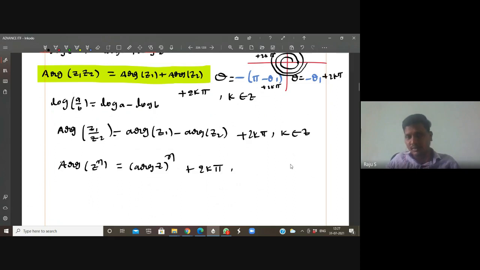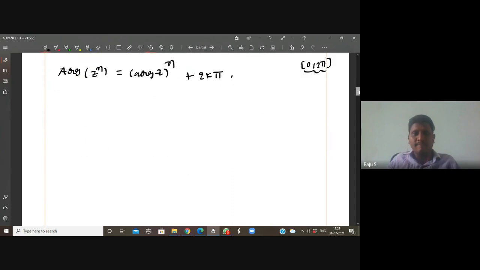Otherwise it is not necessary. It depends on the interval. For example, if 0 to 2 pi is given, that means just the first quadrant alone. Am I right, students? In the options, according to the option, we can easily say whether they are asking for the principal argument, least positive argument, or general argument. We can say very easily.